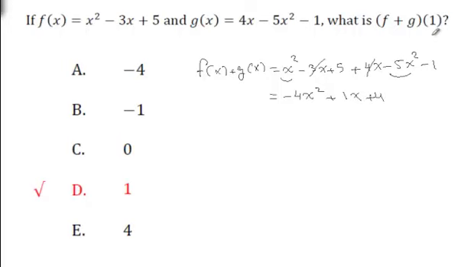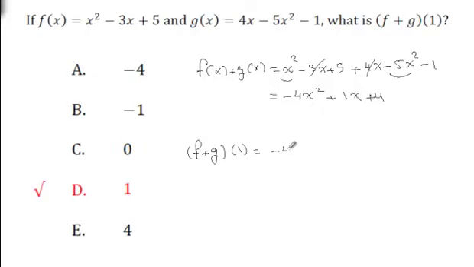Now they want you to find f plus g of 1. So we say f plus g of 1 is equal to: we take this final function, and we replace x with 1.